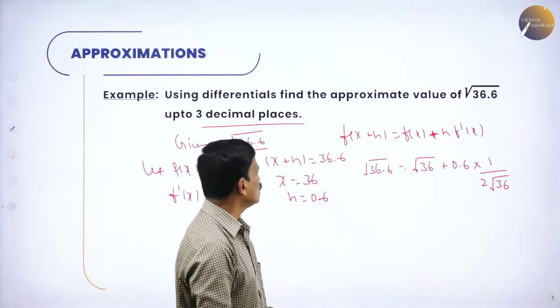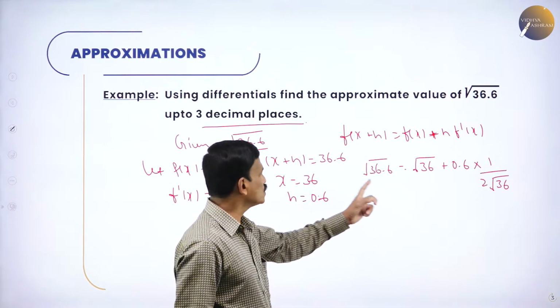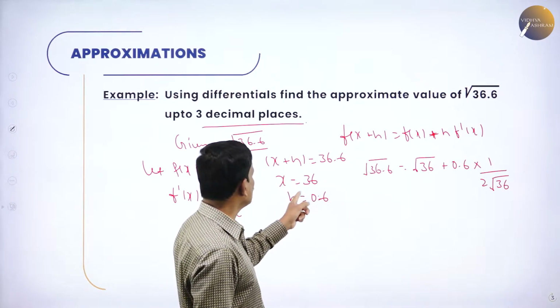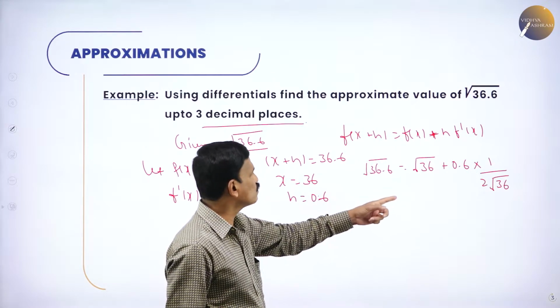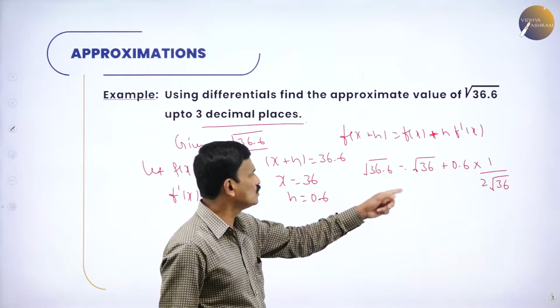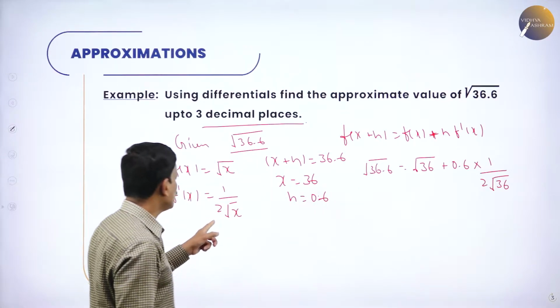That's it. So 36.6 under root is equal to f of x, which is root of x, that is root 36, plus h is 0.6 into f dash of x, which is 1 over 2 root x.